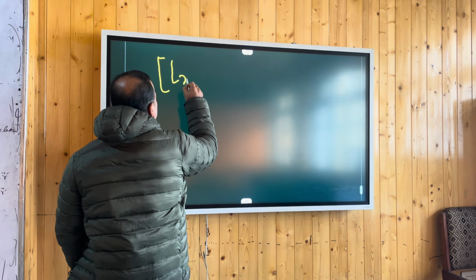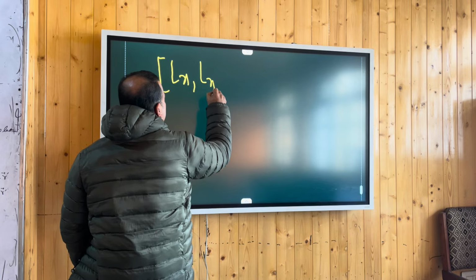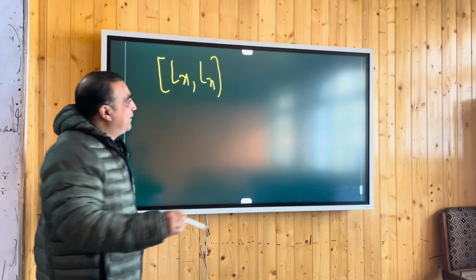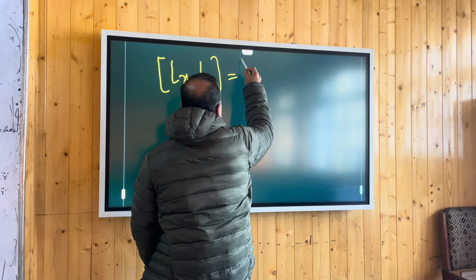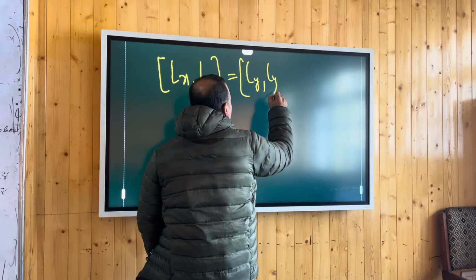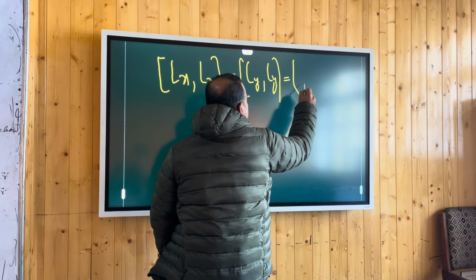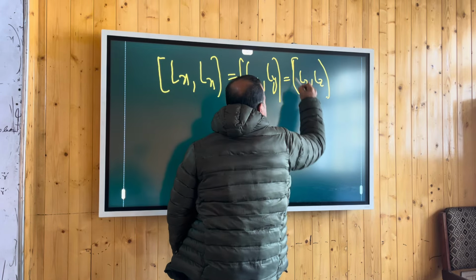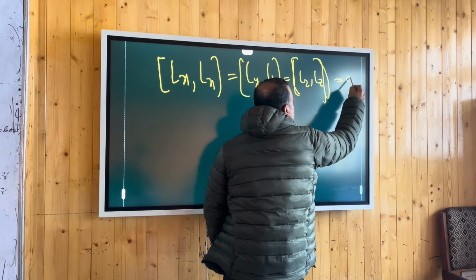Similarly, if I think about Lx and Lx, the angular momentum versus angular momentum, you will find this is equal to the commutators of Ly with Ly, Lz with Lz, these commutation relations are equal to 0.